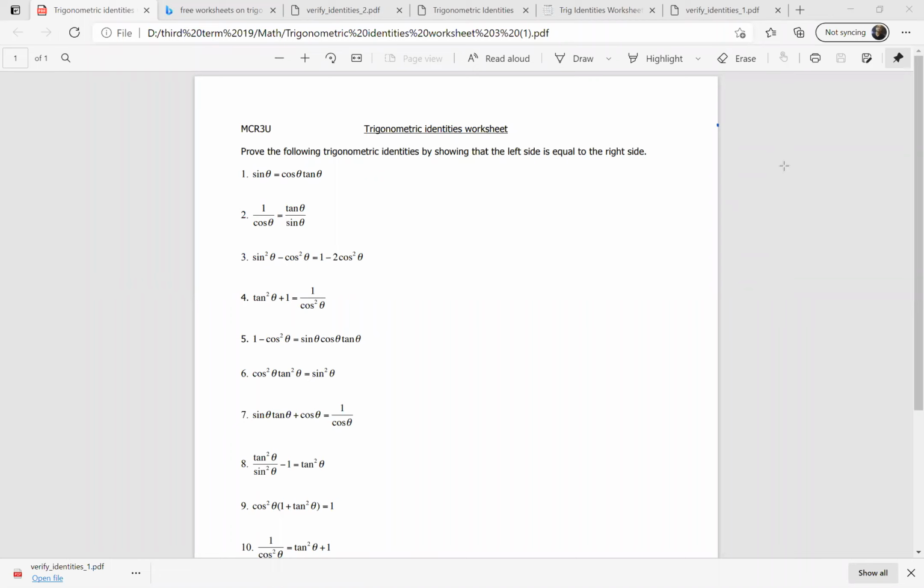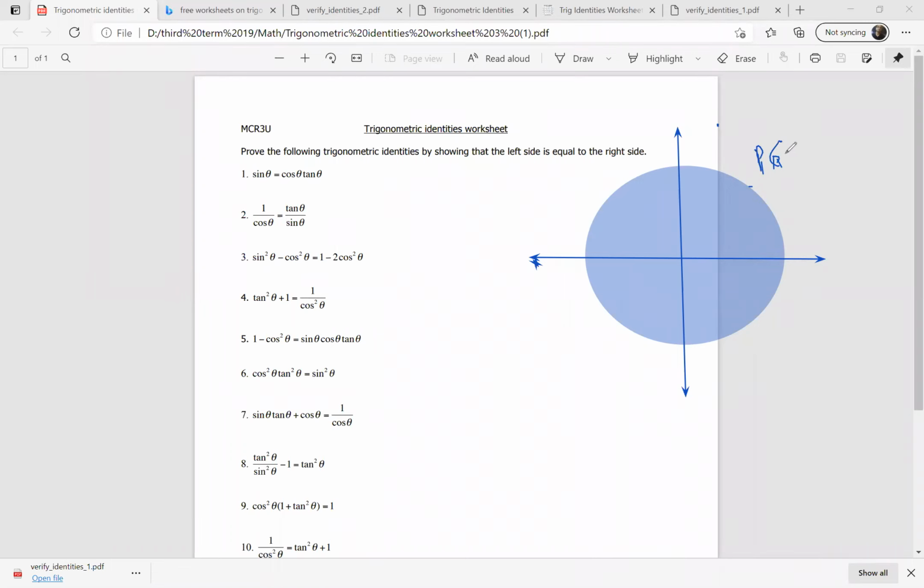If we graph a function like this one and consider it as a unit circle, its center is the origin, and we can find any point on it, P is x and y, and we join it to the origin to find the right angle triangle, whose arms are x and y.